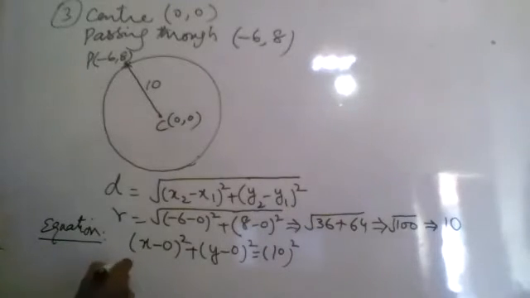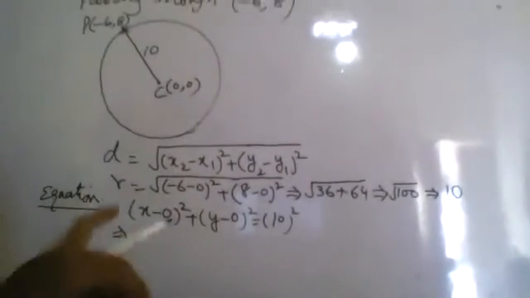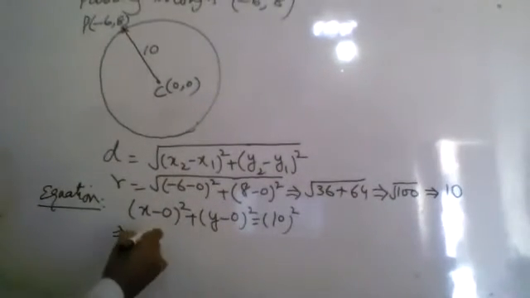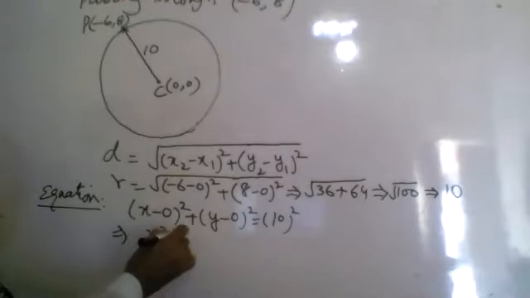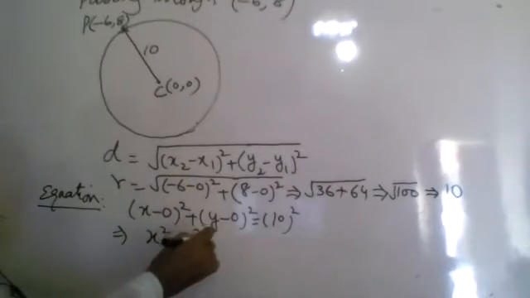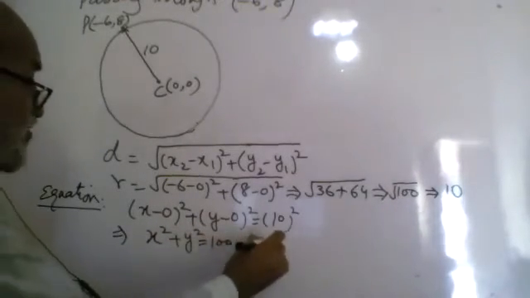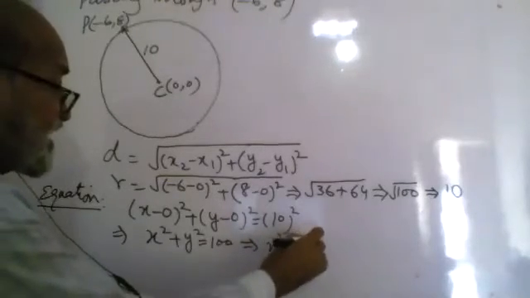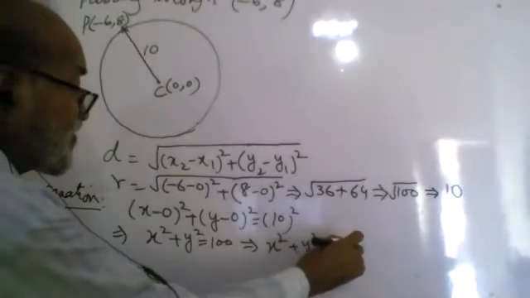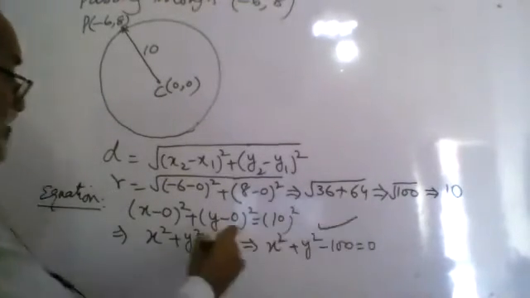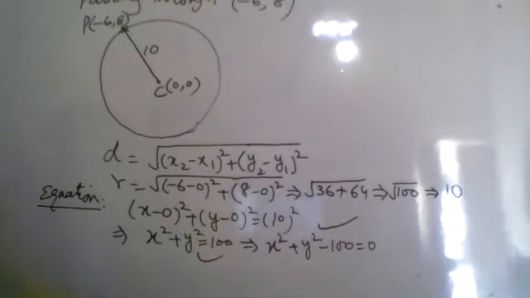So it will become x square plus y square is equal to 100, or x square plus y square minus 100 equal to 0. So this one or this one, both are correct equations. You may write any one of them.